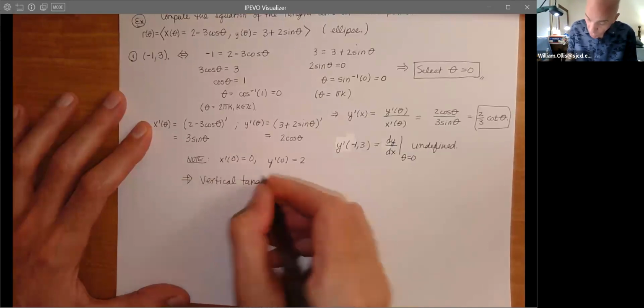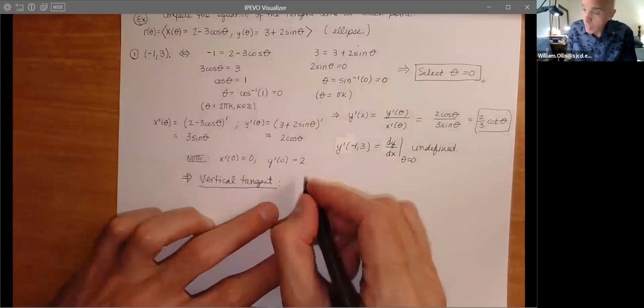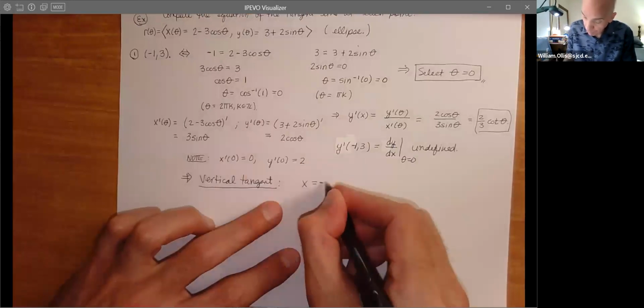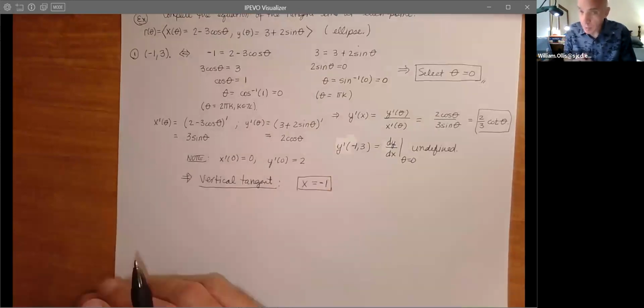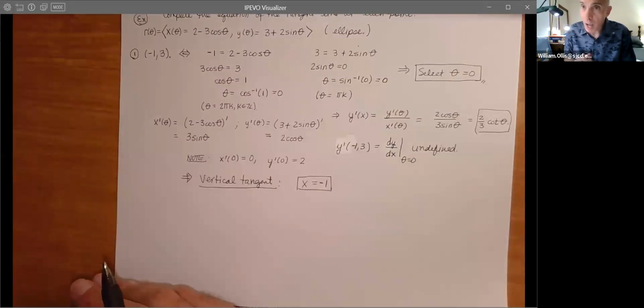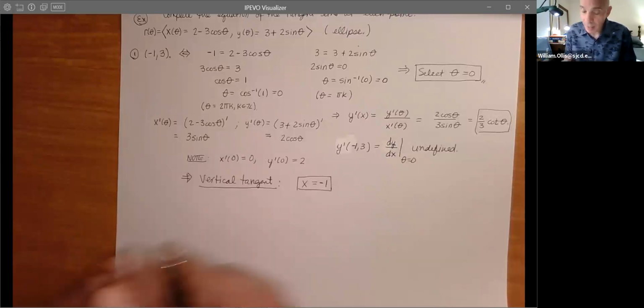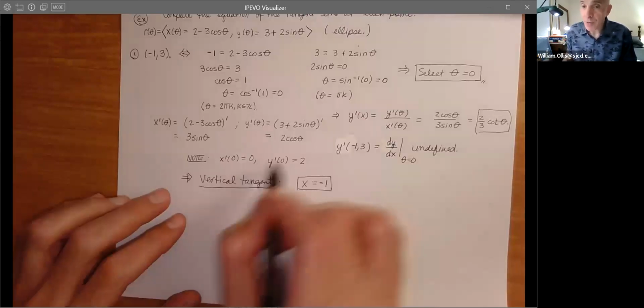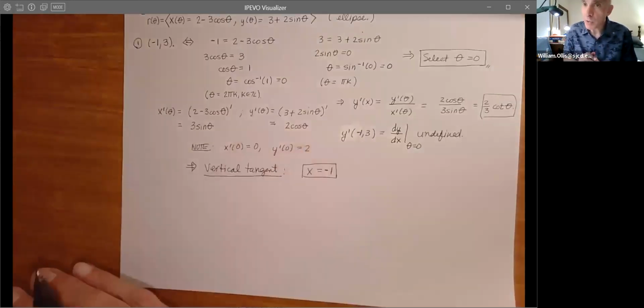So the equation will just be the vertical line, and we'll say at the x coordinate, x equals -1. So we have a vertical tangent at the point -1, 3. We have a vertical tangent that corresponds to theta equals 0. So the actual vertical tangent has this equation. So again, we have to check several things. These are a little bit long-winded, but that's why you have to be careful when you do these.